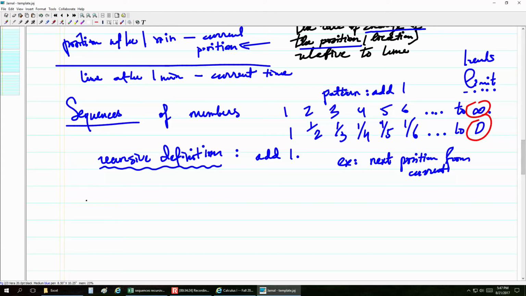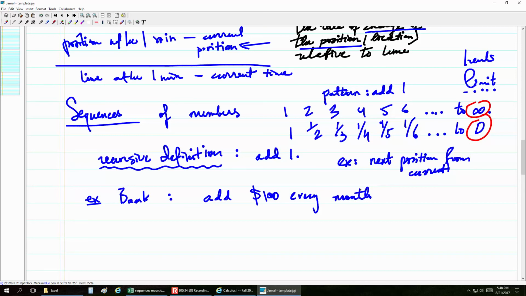So another example would be what happens to your bank account. The simplest case is if you add $100 every month. Once again, you have a recursive behavior. If you know how much you have today, you will know how much you have next month, and so on.